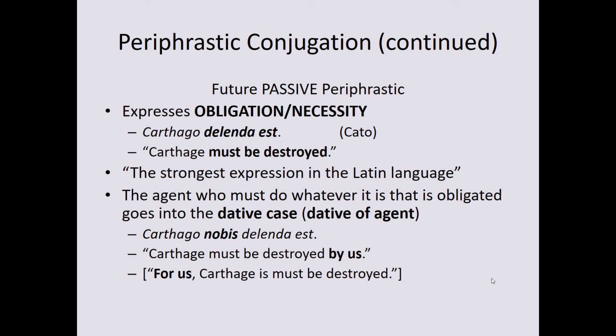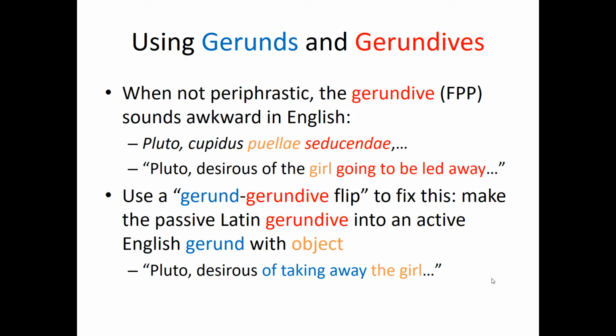The new thing to pay attention to, the new concept that we need to know, is that generally in Latin, when you see a gerundive being used in real Latin, you very often need to perform what some educators call a gerund-gerundive flip.